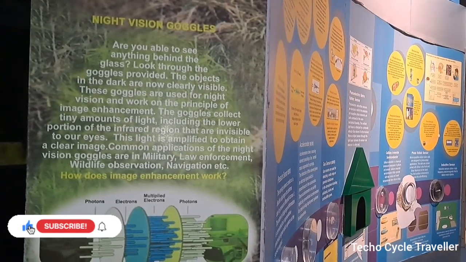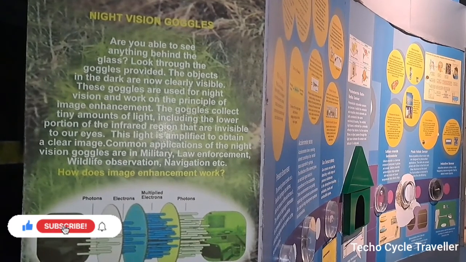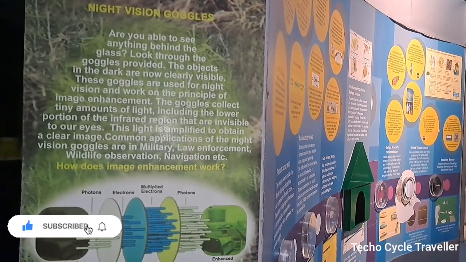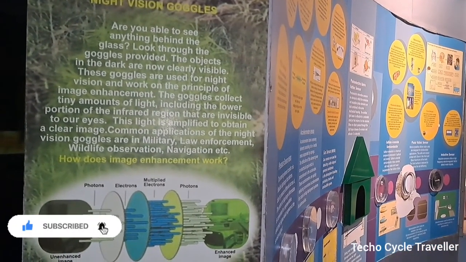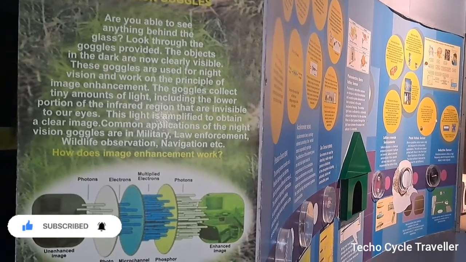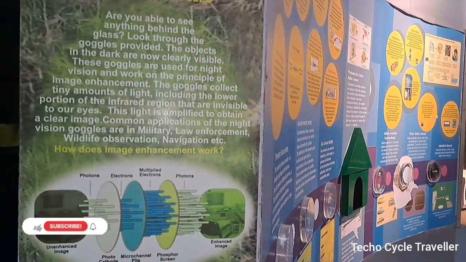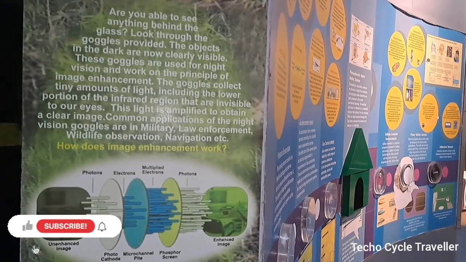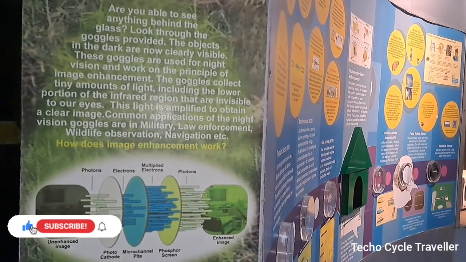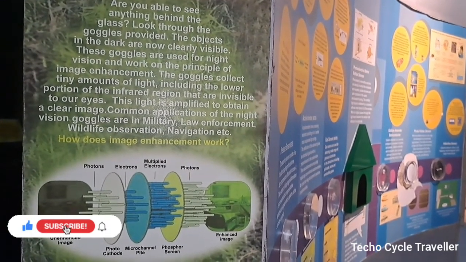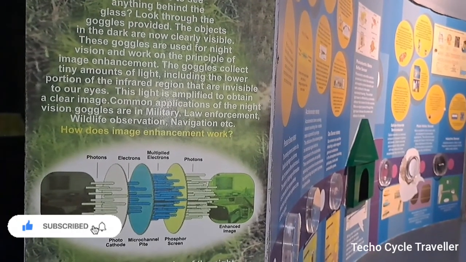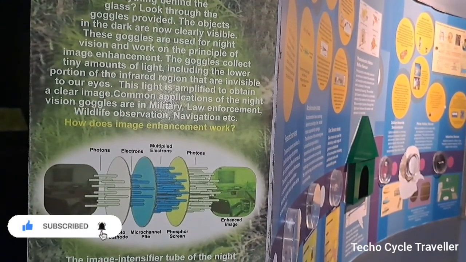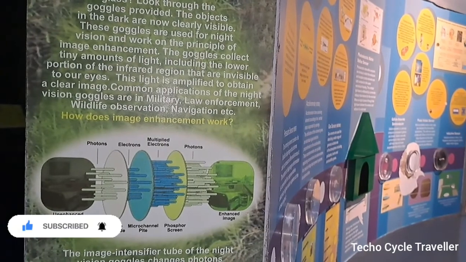The goggles collect tiny amounts of light, including the lower portion of the infrared region, which are invisible to our eyes. This light is amplified to obtain a clear image. Common applications of night vision goggles are in military, law enforcement, wildlife observation, navigation, etc.